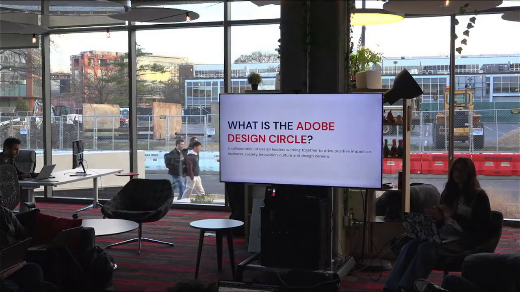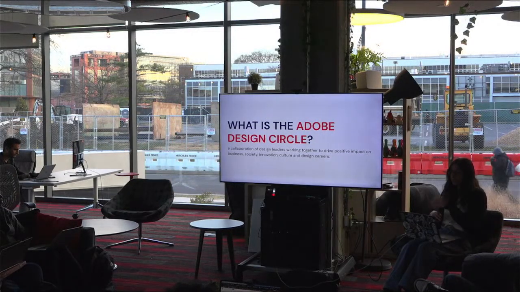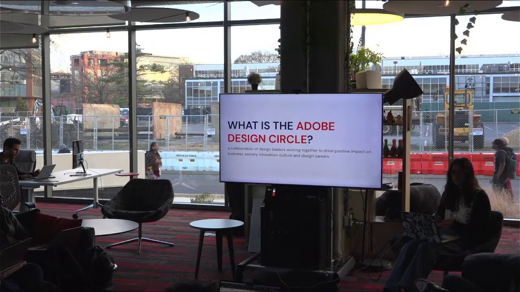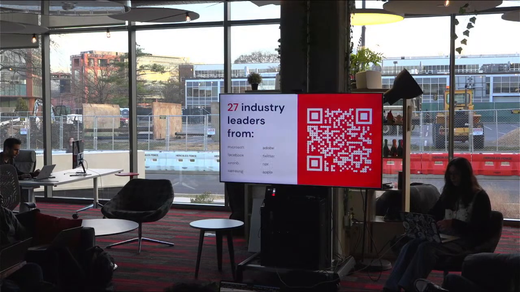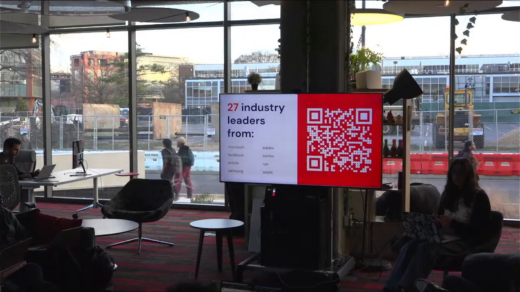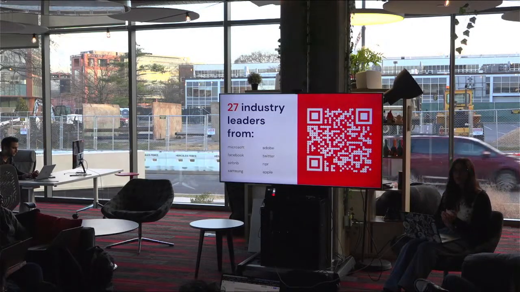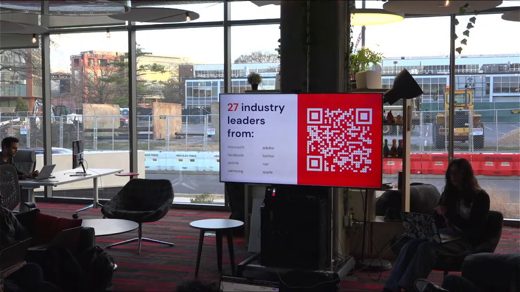Before we get into the scholarship, it's important for me to let you know what the Adobe Design Circle itself is. It's essentially a collaboration of design leaders working together to drive positive impact on business, society, innovation, cultures, and design careers. It currently consists of 27 industry leaders from Microsoft, Facebook, Airbnb, Samsung, Adobe, Twitter, NPR, Apple, and a bunch of other companies, to name a few.